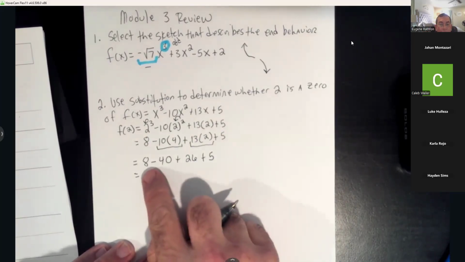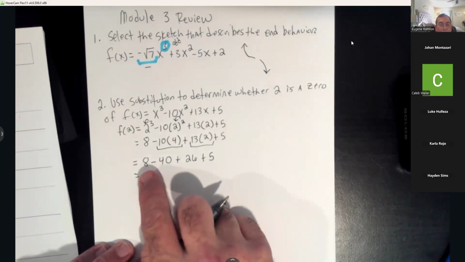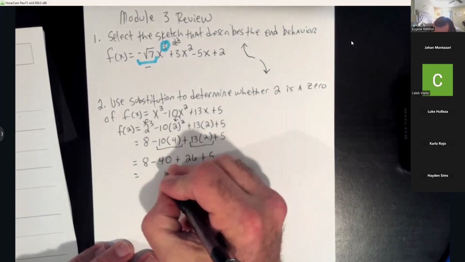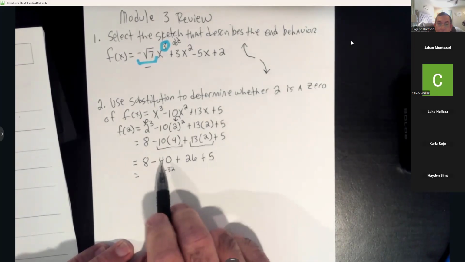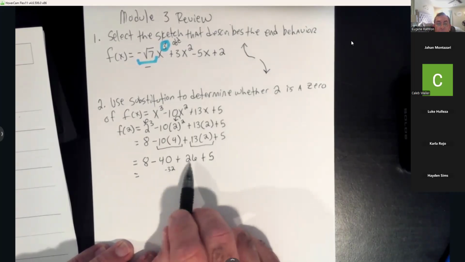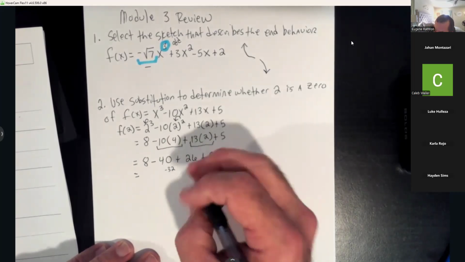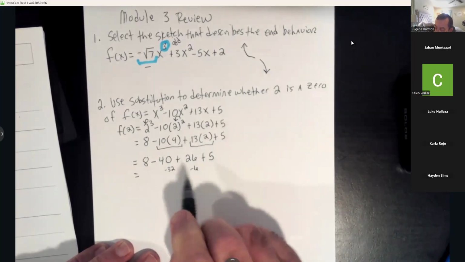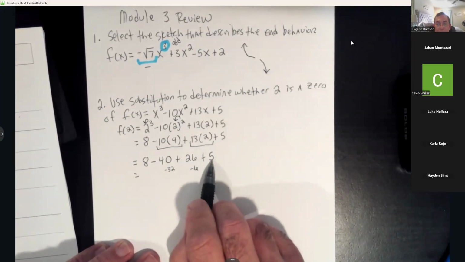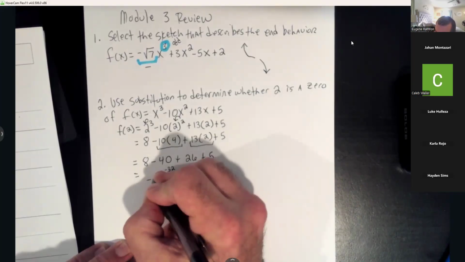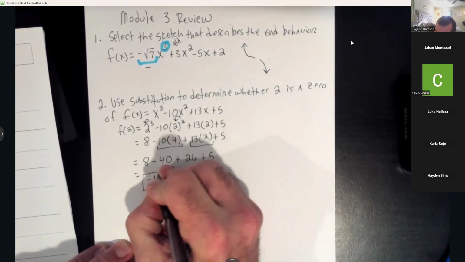All right, y'all, now I'm going to go left to right, adding and subtracting. So 8 minus 40 is a negative 32. Negative 32 plus 26 is a negative 6. And then that negative 6 plus 5 gives me a -1.